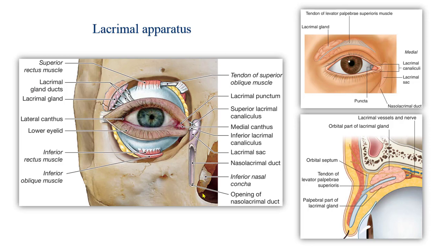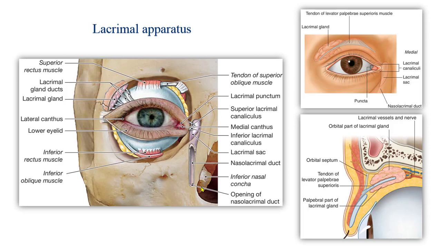The opening of the nasolacrimal duct is in a specific anatomical space that we identified earlier. And do you remember what it's called? Yeah, the inferior nasal meatus. So when we cry, our lacrimal gland produces more tear fluid than normal.